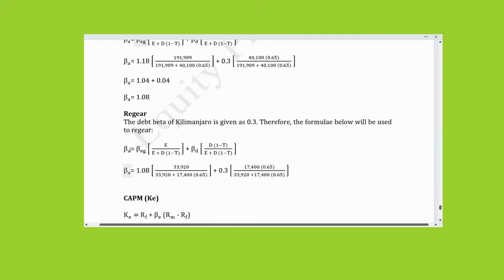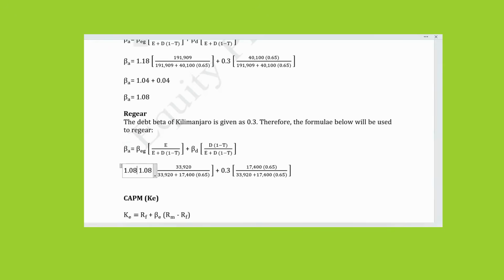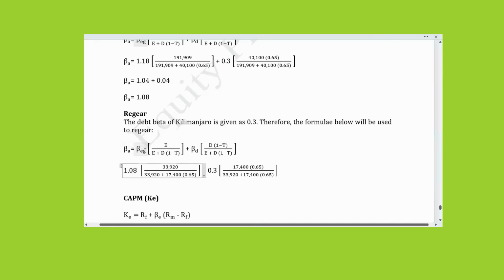The beta asset we want to calculate is given as 1.08. We are looking for beta equity, which is the BEG, because you want to re-gear, right? The beta asset you've already calculated in step 2, so that's 1.08.